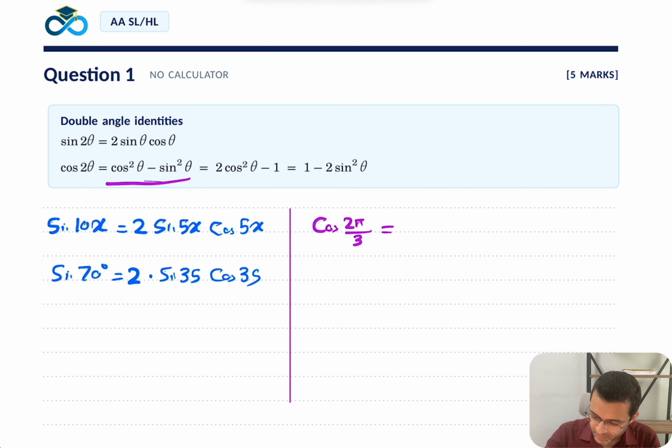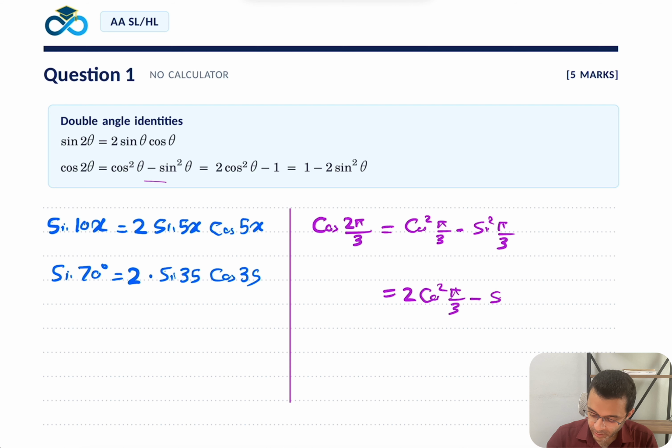First, if I apply this, it's cosine squared pi over 3 minus sine squared pi over 3. Or if I apply this, it will be 2 cosine squared pi over 3 minus 1. And then if I do this, it will be 1 minus 2 sine squared pi over 3.